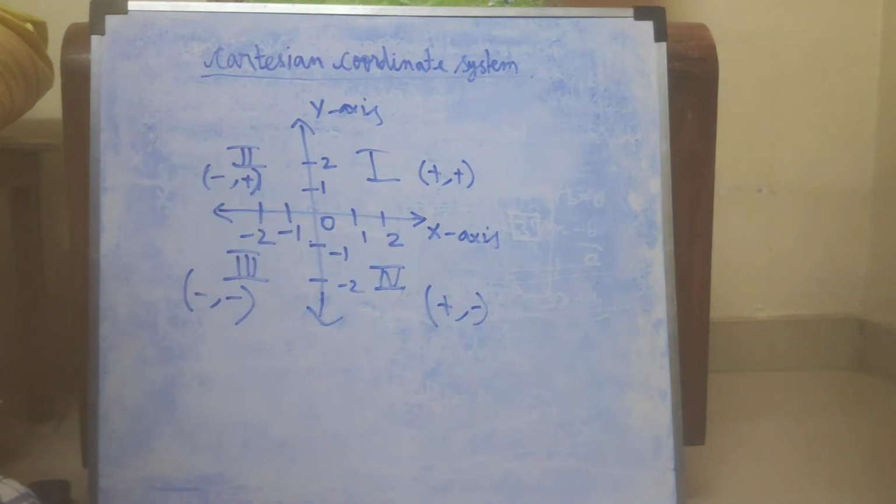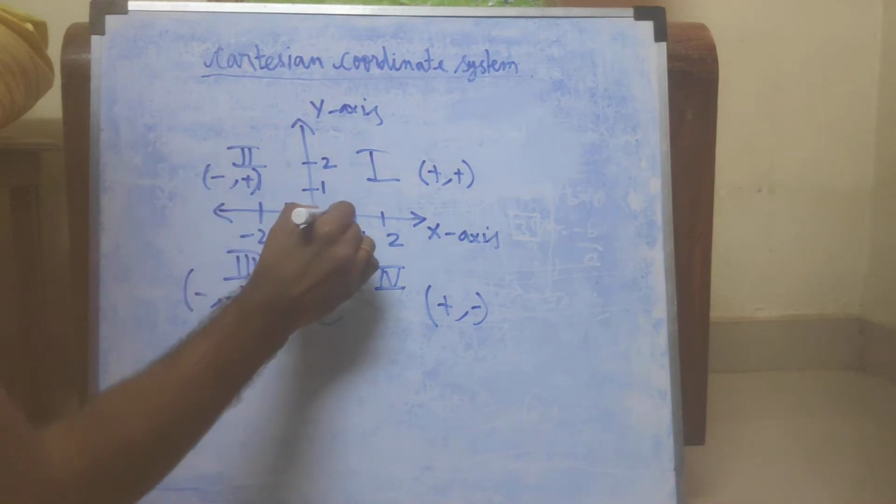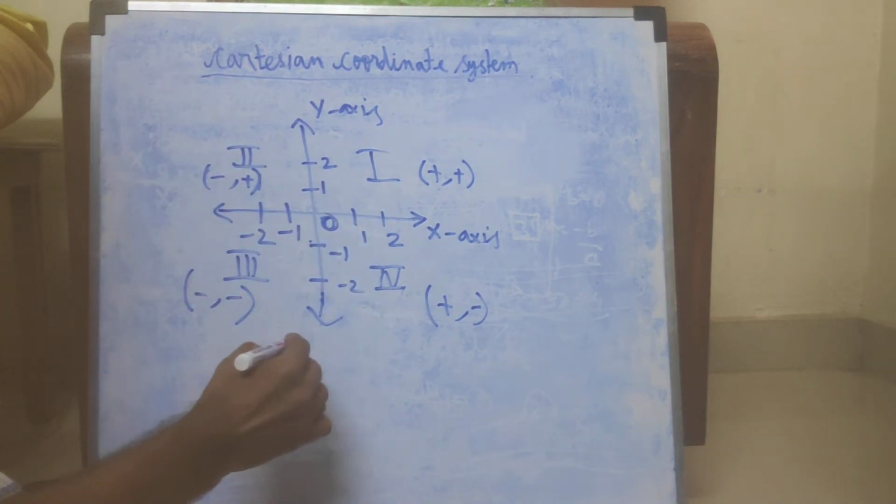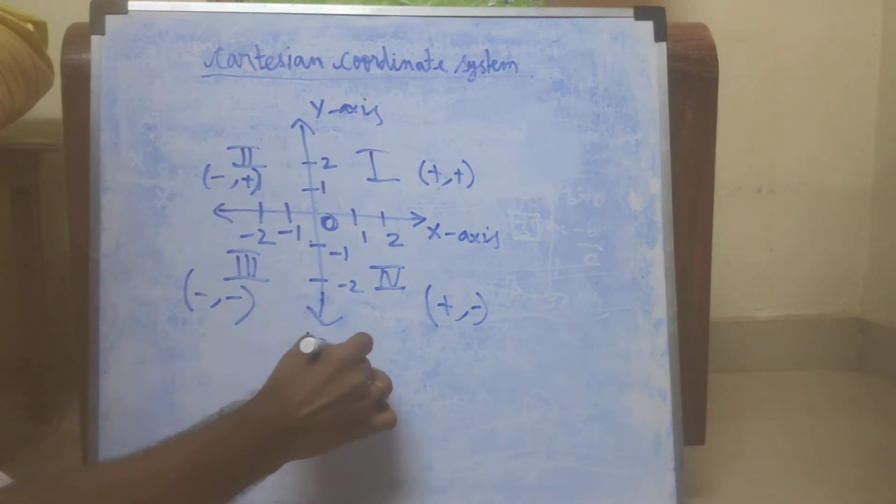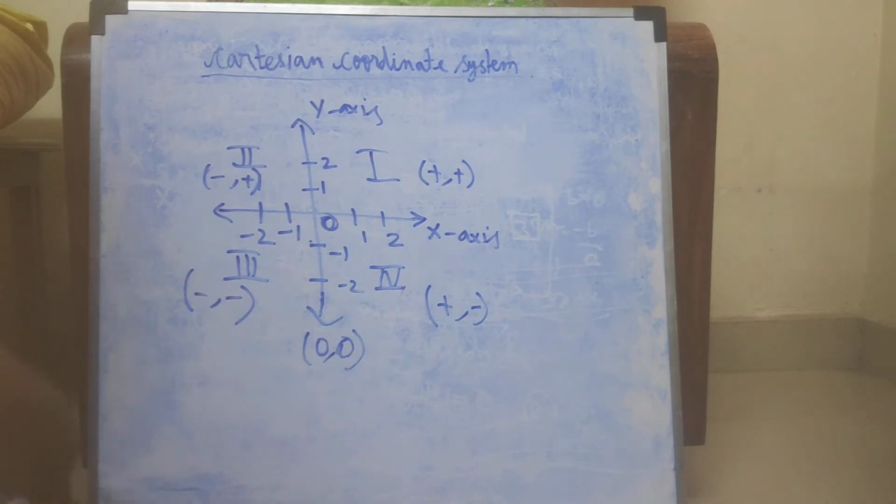There is no need to memorize these quadrants, plus plus or minus plus like this. You can simply draw the diagram and verify easily in any exam. Many people memorize it, but there is no need. If I continue, as you know, the origin point is 0 comma 0.